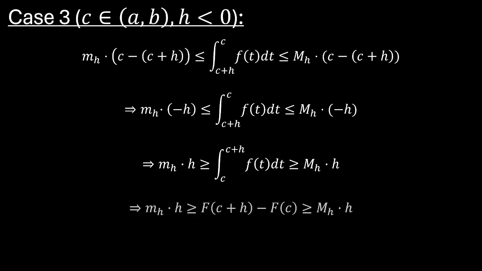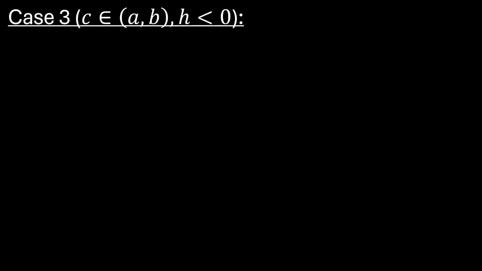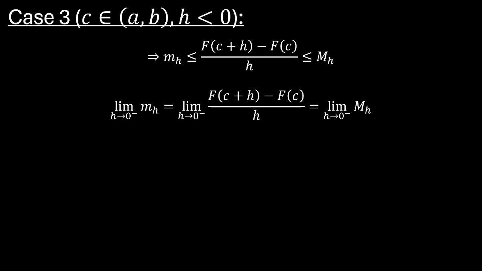And of course, substituting what we know the integral is, we're going to get this inequality again. And recalling that dividing by h, which is negative, is going to flip the inequality signs, we're going to get lower mh is less than or equal to that fraction there, which is less than or equal to capital mh.